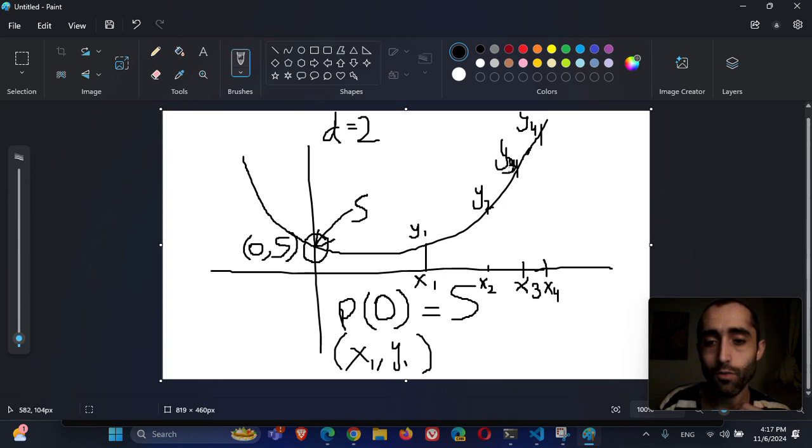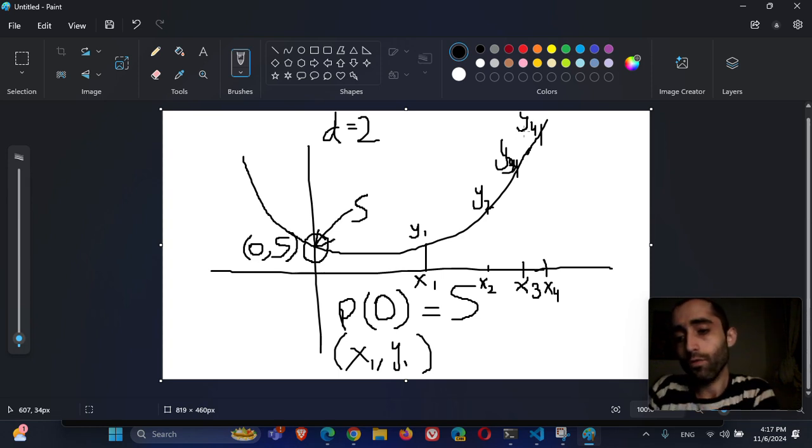Now, the number of shares I need to reconstruct the polynomial is the degree of the polynomial plus 1. So for Shamir, I need to know the degree of the polynomial and the threshold. Let's call the threshold the number of shares I need, which is 1 more than the degree of the polynomial.